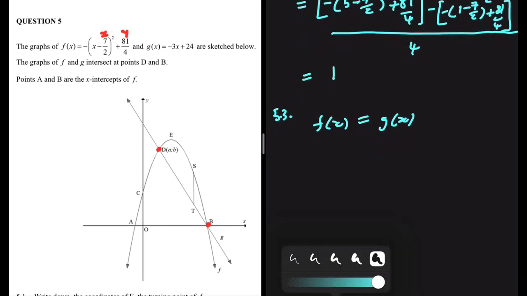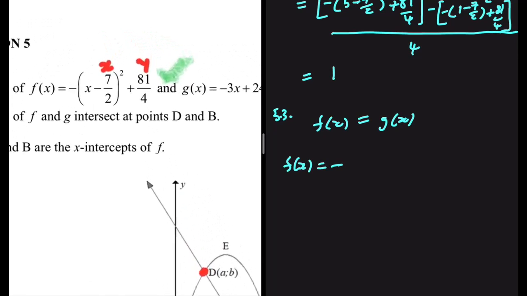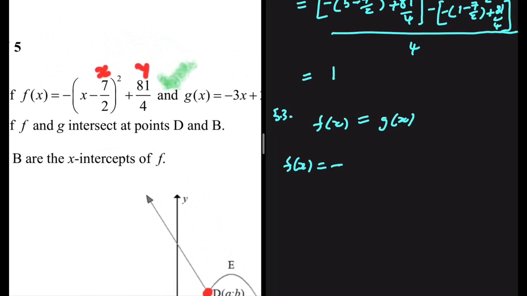What is f of x? f of x is in this format. Let's write it in our standard format first. So f of x is equal to minus, what is x minus 7 divided by 2 squared? x multiplied by x is x squared. x multiplied by minus 7 divided by 2x is minus 7 divided by 2x. You multiply that by 2, you get minus 7x.